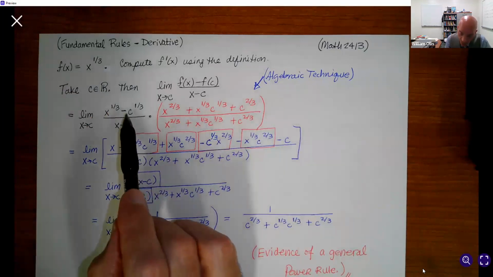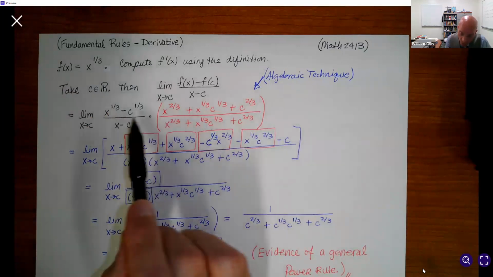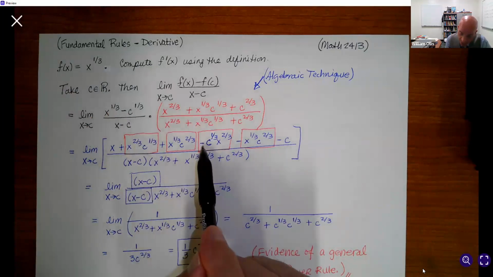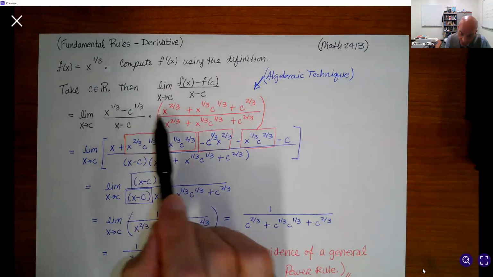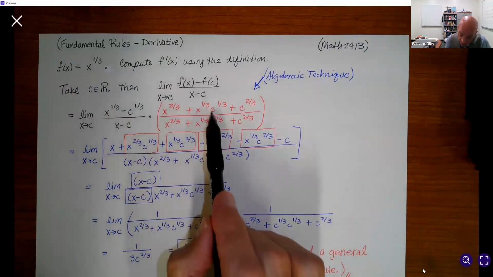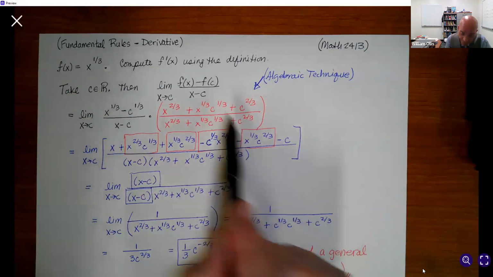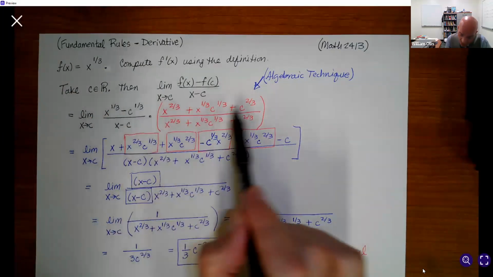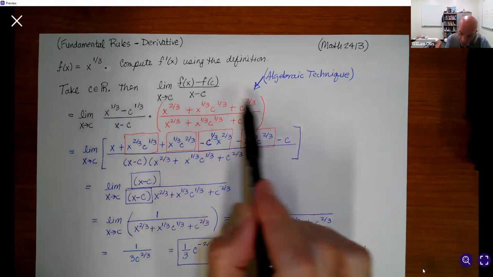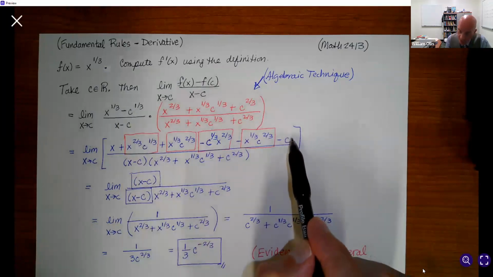And then, of course, now we have the negative. So we're going to have C to the 1/3, X to the 2/3 with the negative. And then we're going to have C to the 2/3, and then X to the 1/3 here with the negative. And then the very last term is what gives us the minus C because we have the 1/3 plus the 2/3, which gives us C to the 1.